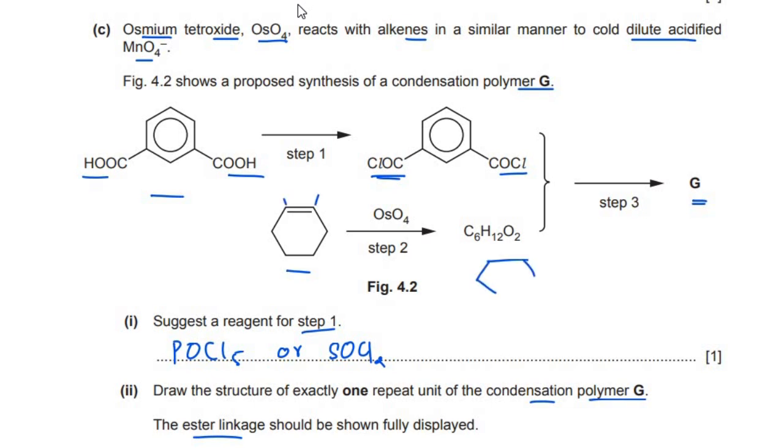So let me draw that diol structure here. It's a hexagonal ring again with OH groups as shown here, because cold dilute acidified KMnO4 will react with an alkene forming a diol. So if osmium tetroxide is also reacting, it should form a diol. Now if these two form a condensation polymer, it's going to remove Cl from here and H from here on both sides, and this is how it forms the condensation polymer.